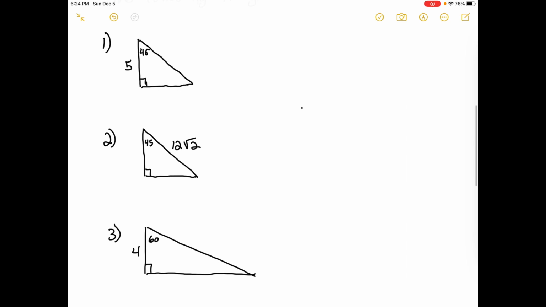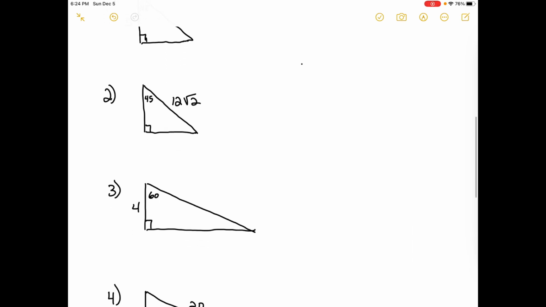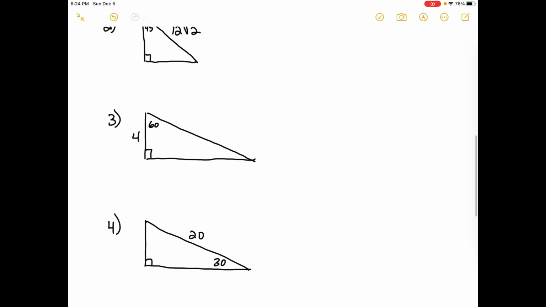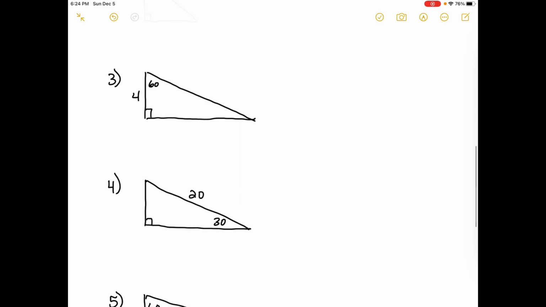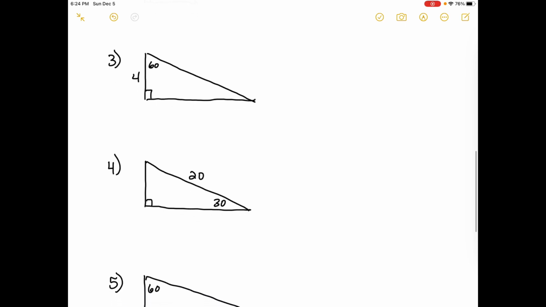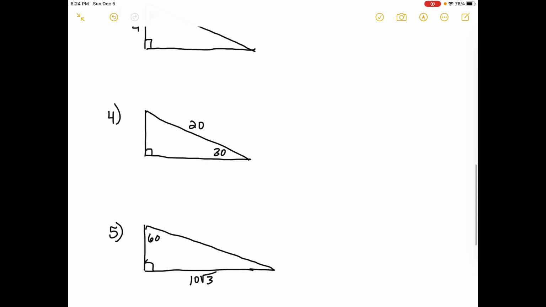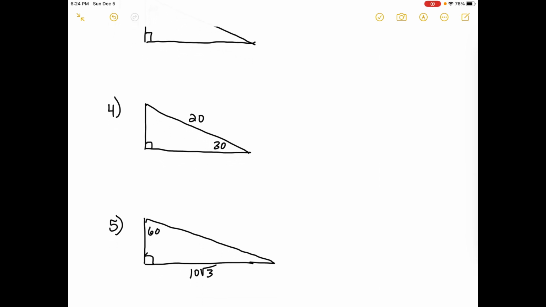You're given one side, find the other 2 sides. 3, 4, and 5 are going to be 30, 60, 90s. I want you to copy these triangles down and find the missing 2 side lengths. Try to do these on your own, and we'll come back and do 1 through 5.